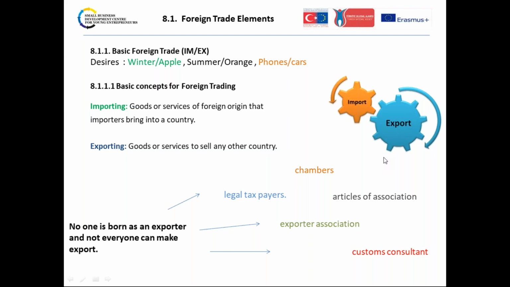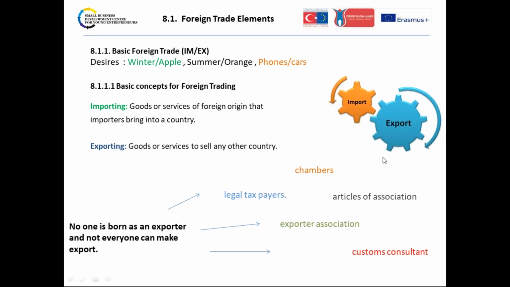In Turkey, first you should register your company, even if it's a private or limited or incorporated company. And then you need to become a member of an exporter association. As far as we know, there are 19 or 16 exporter associations in Turkey, and every company has to be registered with one of these exporter associations.